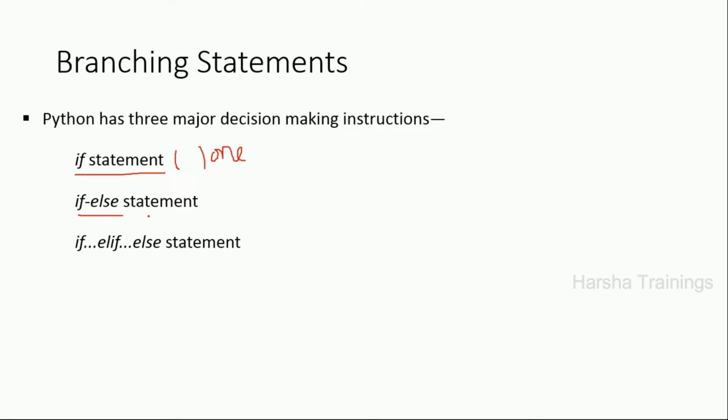Second one is the if else statement, where I can take two conditions. If I have more than two conditions, I will use if elif else statements. If you permit me, I will start one by one. Shall I go? Did everyone understand what is the meaning of decision making?